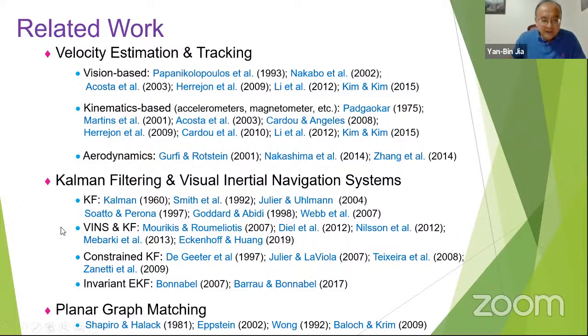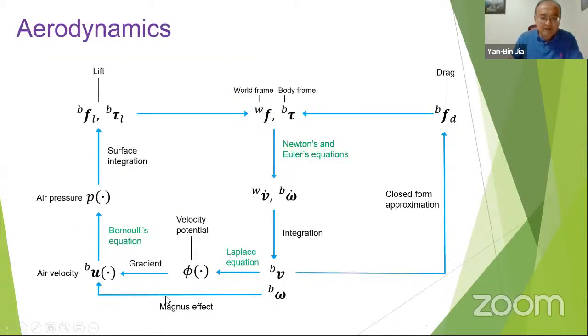There's also VINS recently, mostly for mobile robots, and the constrained Kalman filtering, and more recently the IEKF, the invariant EKF, which basically tracks a state using the Lie algebra, on Lie groups, basically the transformation groups, which automatically satisfy the constraints, such as unit quaternions to represent orientations. Then there's also some work from the computer science side on planar graph matching.